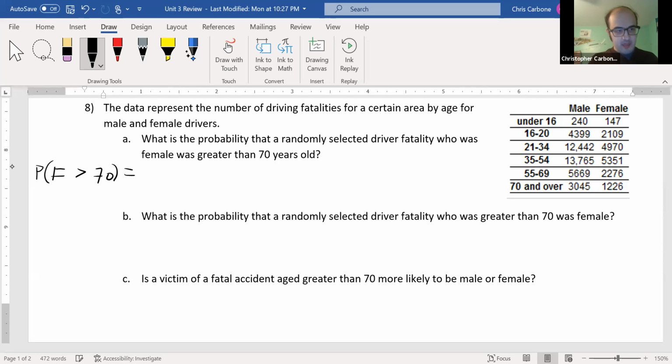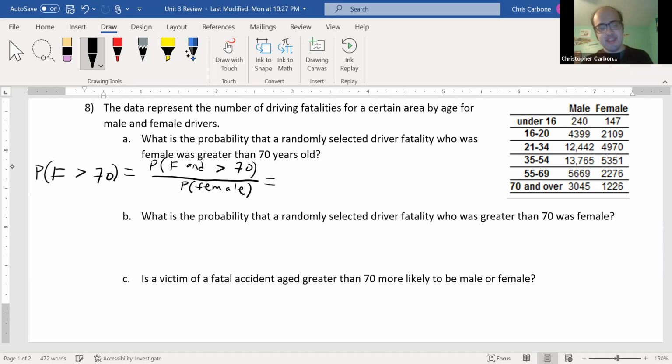This will be the probability of being female and greater than 70, divided by the probability of being female, since this is a conditional probability due to the way that this was written: the randomly selected driver fatality who was female was greater than 70.